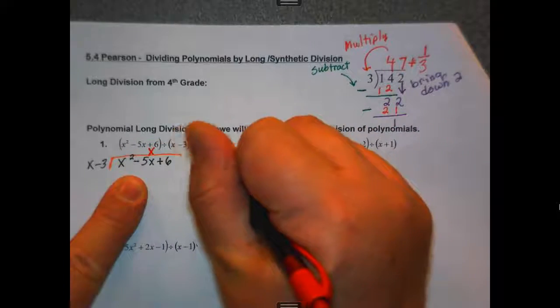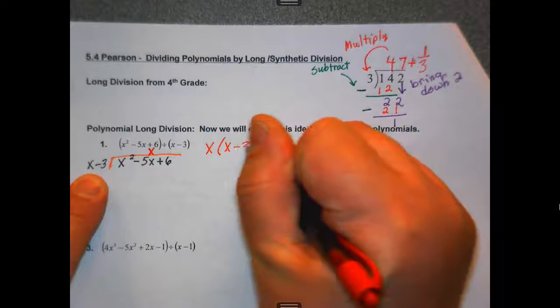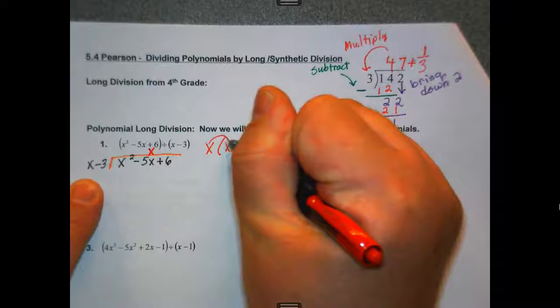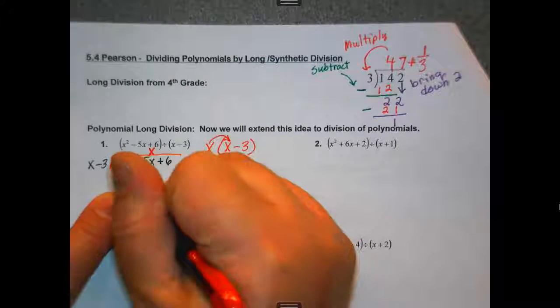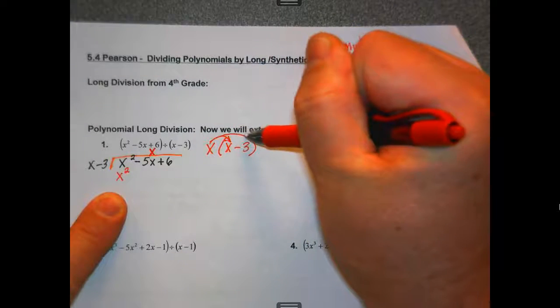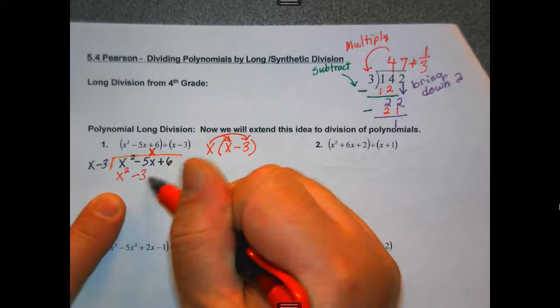Now I follow the process that you learned in 4th grade. I'm going to take that x, and I'm going to multiply it by x minus 3. X times x is x squared. X times minus 3 is minus 3x.